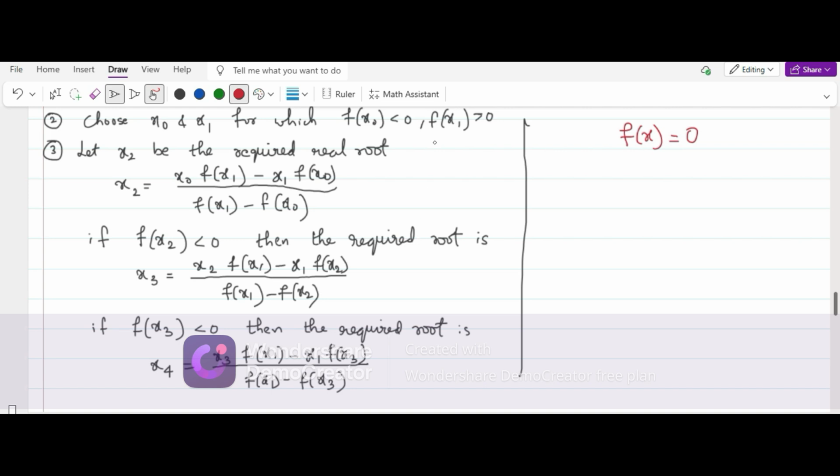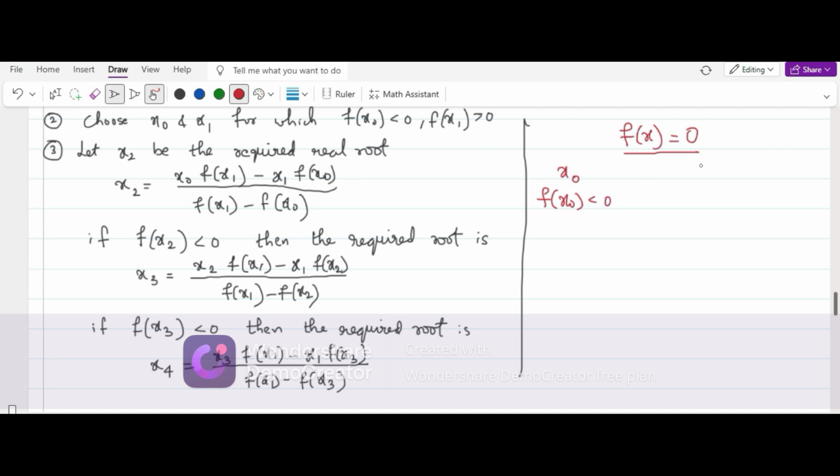Now you have one equation here, that is f of x equal to 0, and you want to find the root of this equation using Regula Falsi method. The first thing you will do is find the interval in which the given root lies. You will calculate x naught and f of x naught. Suppose f of x naught is less than 0.